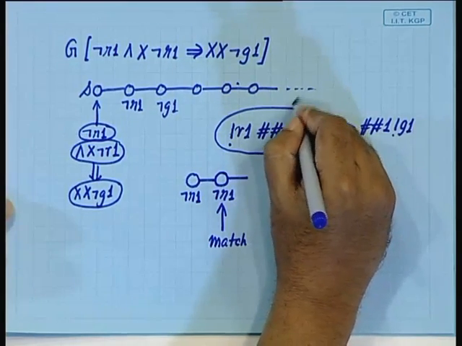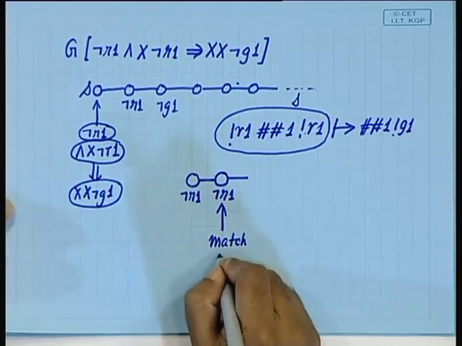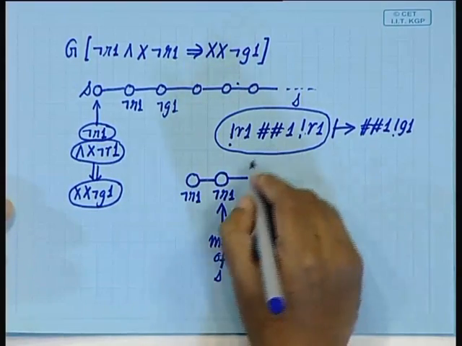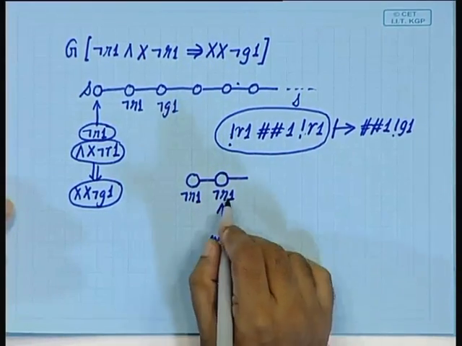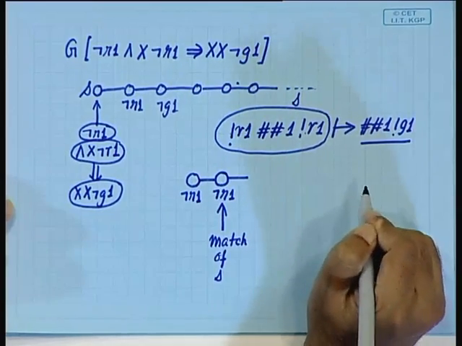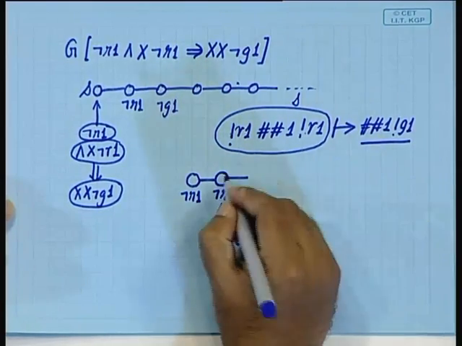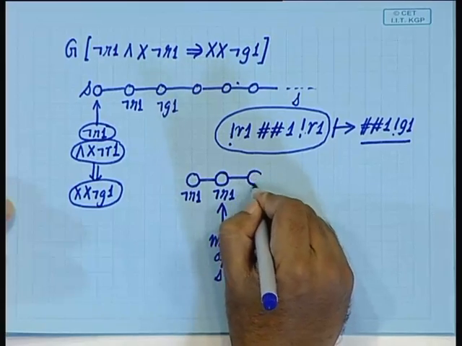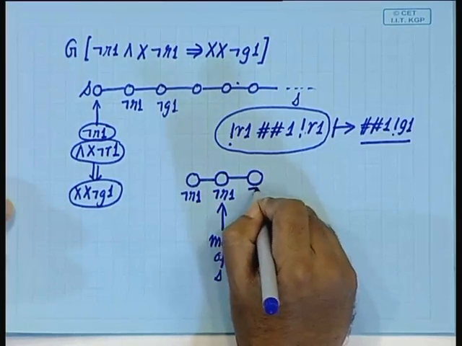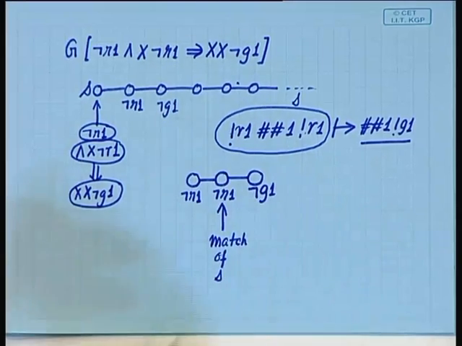Suppose I call this sequence expression S. So, match of S, and then wherever the match of S has taken place, from there we start the match of this. So, from here, in another ##S1, I must have not of G1. Okay.